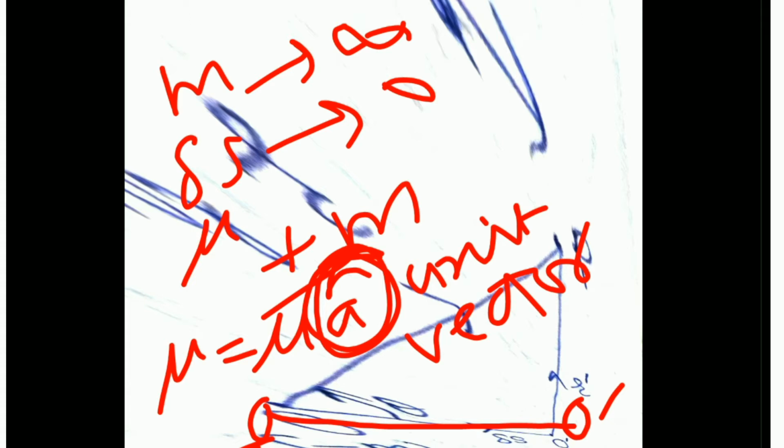Let us now find the velocity potential at this point P due to the doublet at this point O. Suppose the flow is entirely due to minus m at this point O and m at this point O dash.